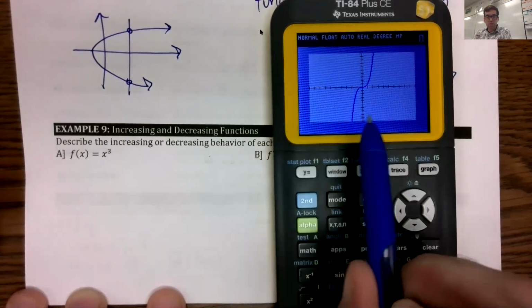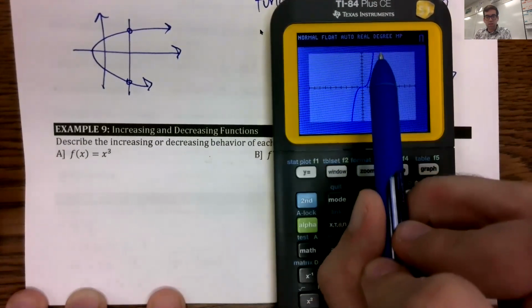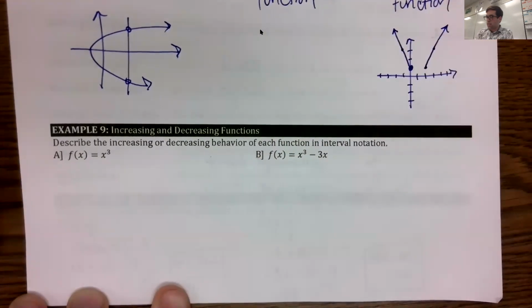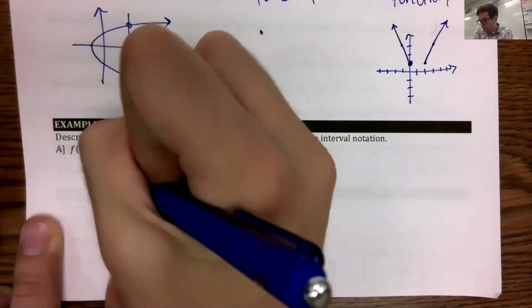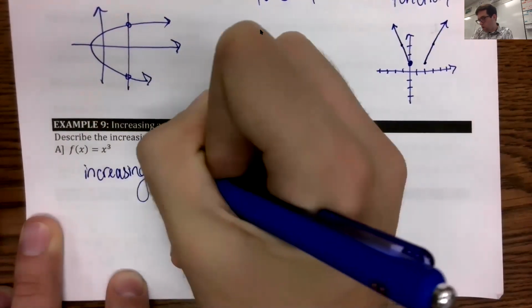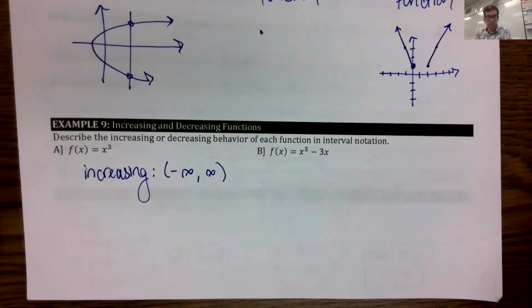If we think from left to right, this curve is always going up. Even though it gets pretty close to 0 here, it still continues to go up. So we're going to write this in interval notation. This function is increasing for all x values from negative infinity to infinity. And that's all we have to do for that one.